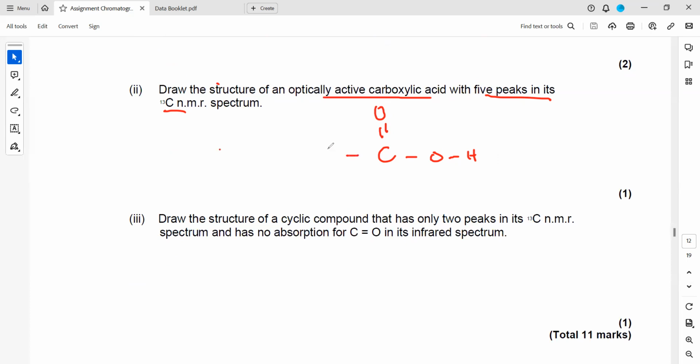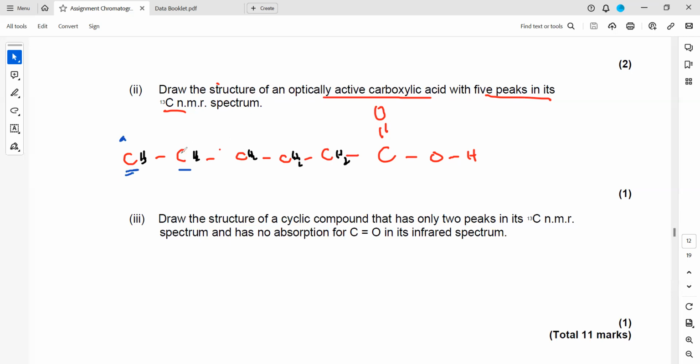If I arrange the 6 carbon atoms in a straight line, 1, 2, 3, 4, 5, and 6, this is CH3, this will be CH2, CH2, CH2, CH2. If we talk about carbon environments, because it is carbon 13 and not hydrogen, this carbon is different from the rest, so this is one carbon environment.